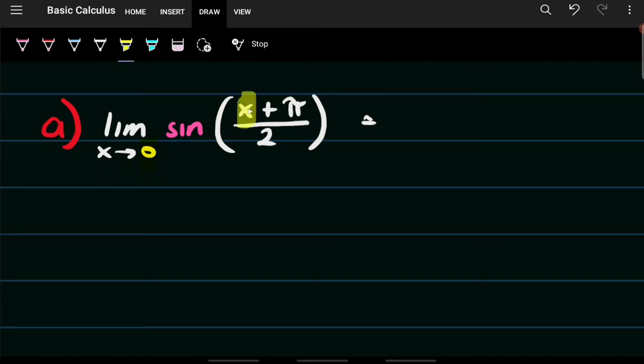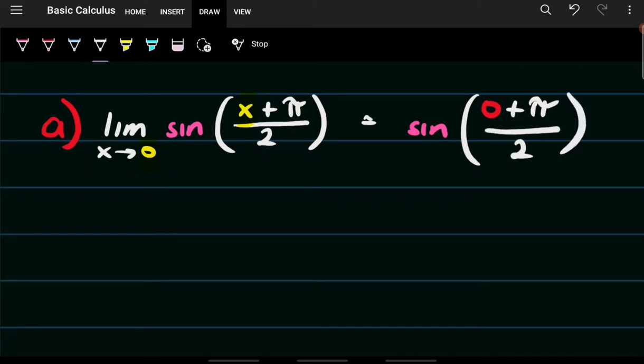Let's substitute the value of the constant right now. So this will give us sine of 0 plus pi all over 2. Now let's simplify. What is the value of 0 plus pi? That is equal to pi, meaning this will give us sine pi all over 2.